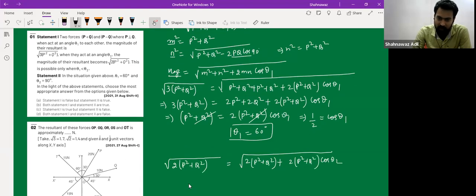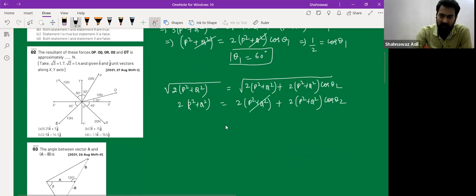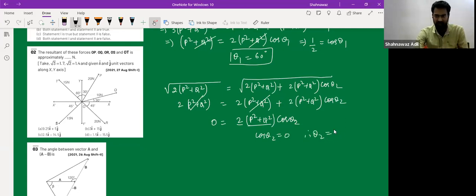So this will cancel, so 0 is 2p square plus q square cos theta 2. This can't be 0, so cos theta 2 is 0. So theta 2 would be what? 90. So you get theta 1 60 and theta 2 90, right?